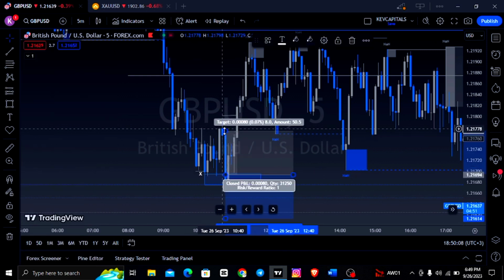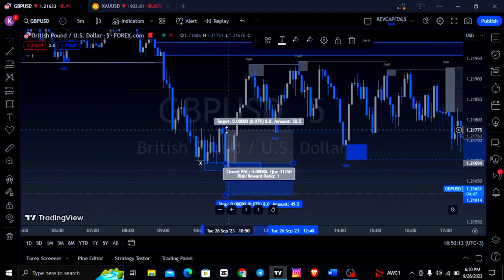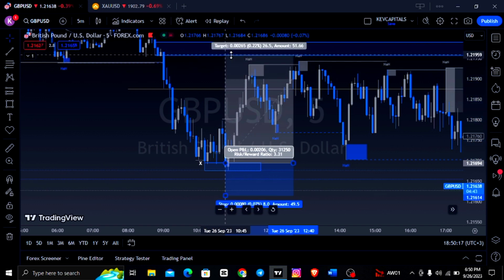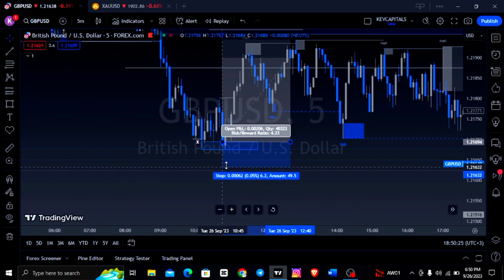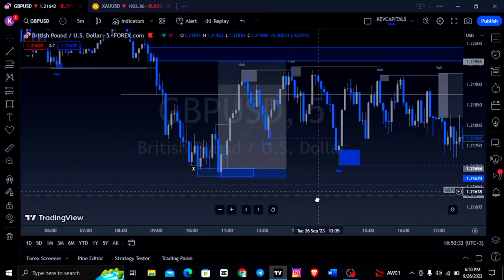We have to go long at this point. Then, as usual, we target our entry point for the sell, but your stop loss should just be slightly above your price of interest.